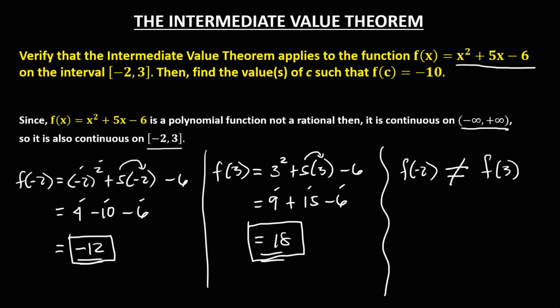So therefore, this intermediate value theorem holds, and we find the value or the values of c between -12 and positive 18, where f of c must be equal to -10.